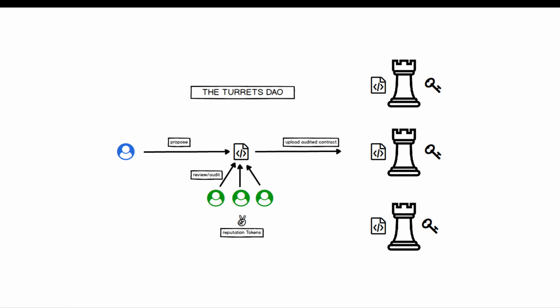In this audit, other Stellar smart contract developers are reviewing the smart contract, and they vote for the smart contract with their reputation tokens. As soon as the smart contract has passed this audit process, it is listed and can be uploaded to Stellar turrets, which increases the trustability of the Stellar turrets.